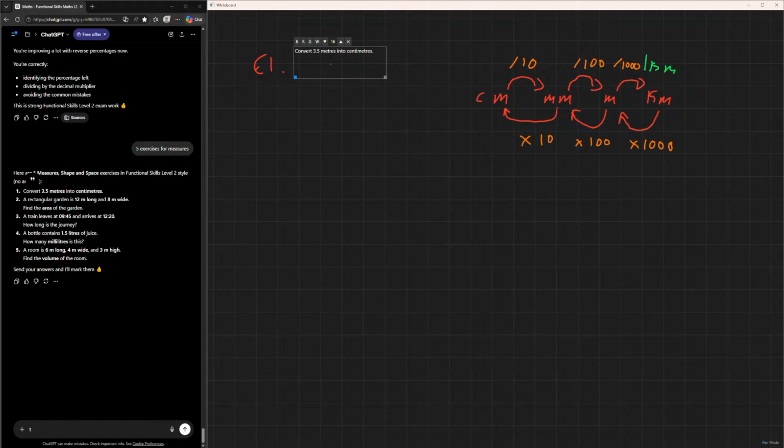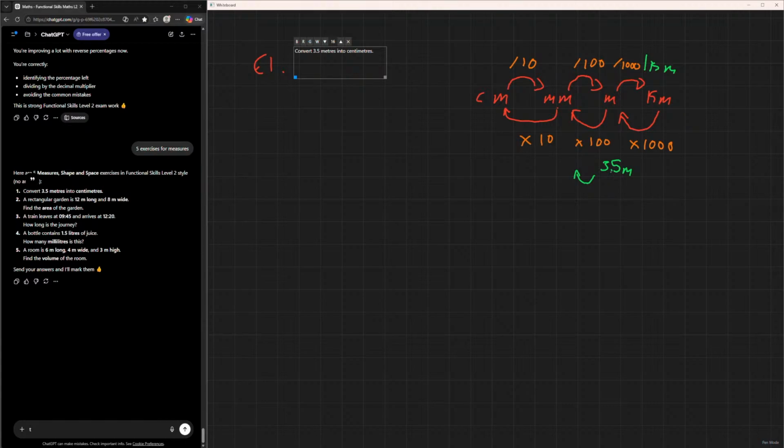So the question is 3.5 meters into centimeters. Now from meters to go to millimeters, we need to times it by 100.